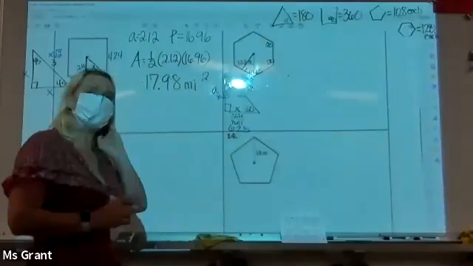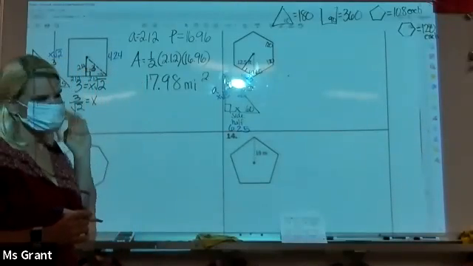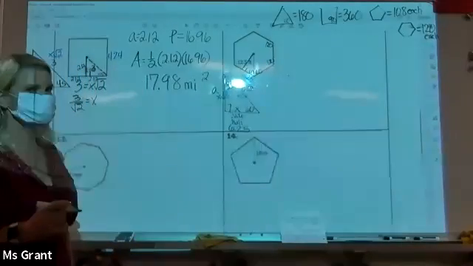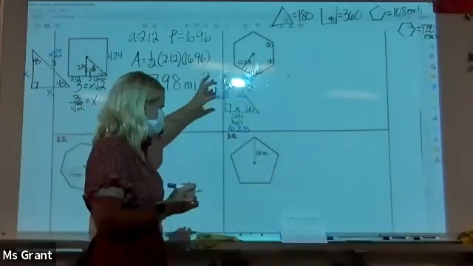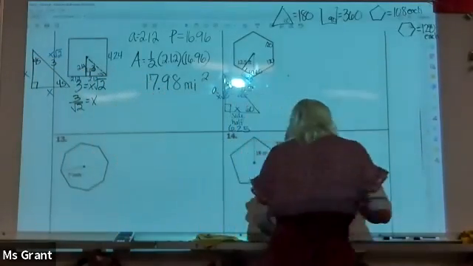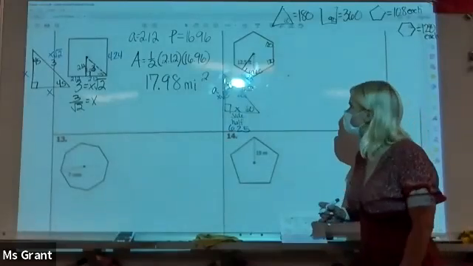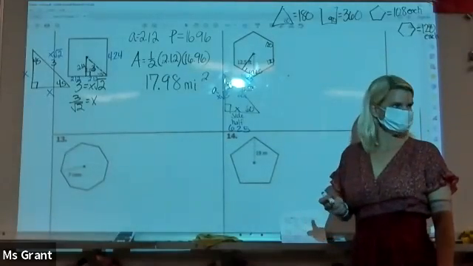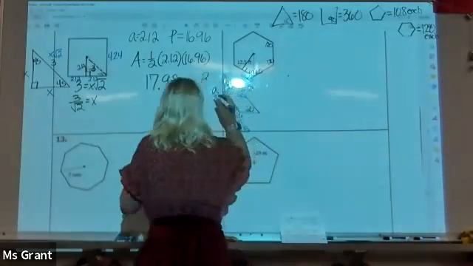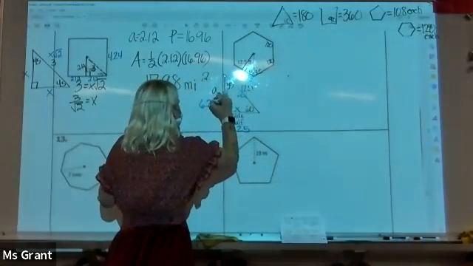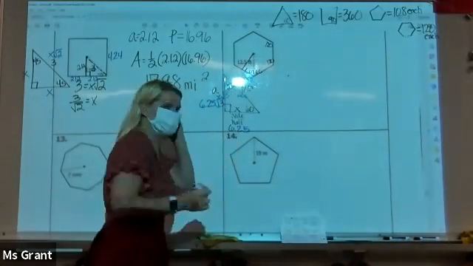And then what's my apothem? x rad 3. If x is 6.25, 6.25 rad 3. Get it?